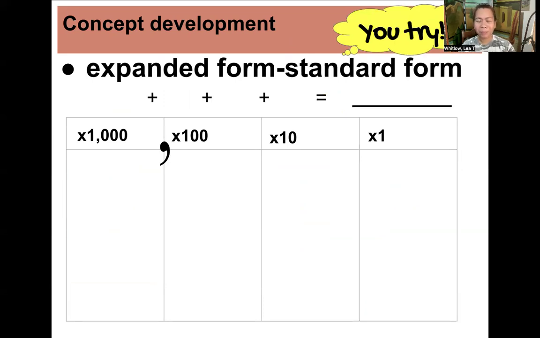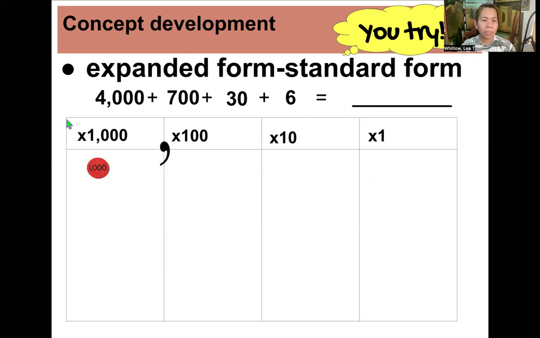Now, expanded form to standard form. Now you try. You may pause the video if you need more time. You have 4,000 plus 700 plus 30 plus 6. How are we going to compose a standard form using this expanded form? Now I'm going to represent it using our pictorial model.